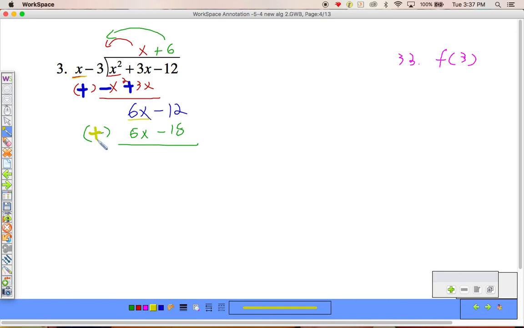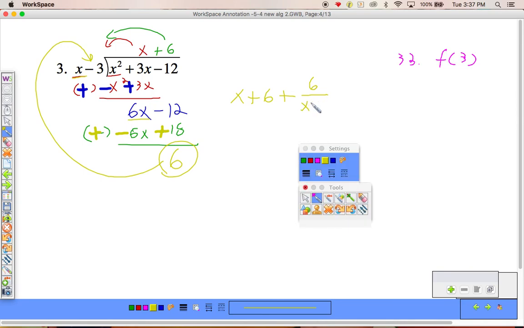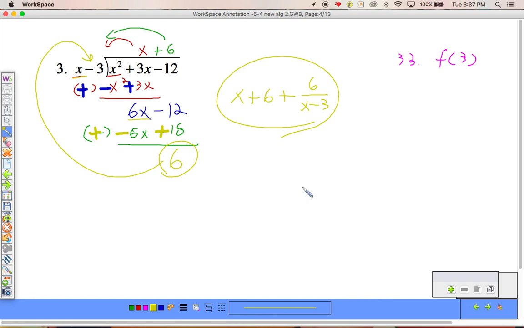Instead of subtracting, I'm going to add the opposite, which gives me a remainder of 6. I'm going to write my answer as x plus 6 plus my remainder over what I divided by. And that's going to be our solution.